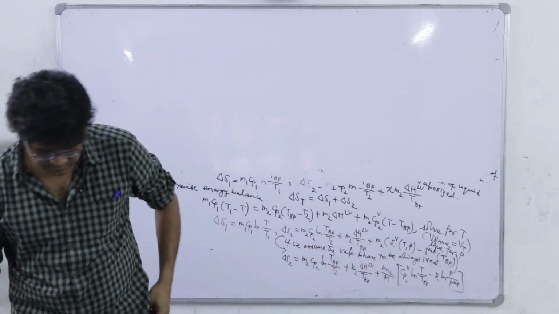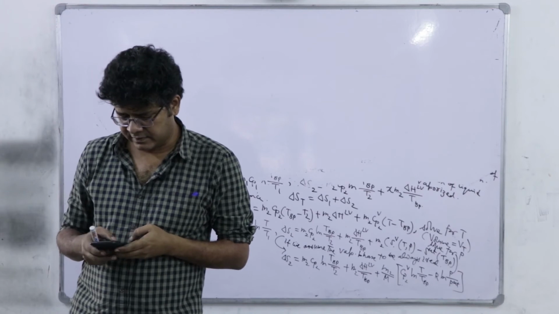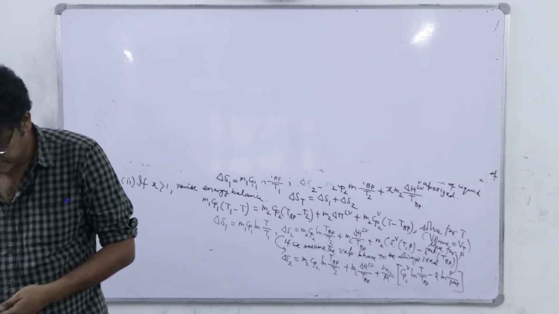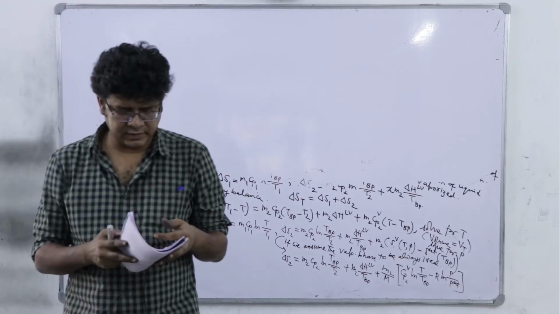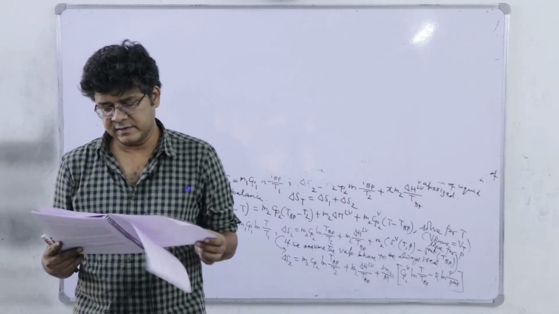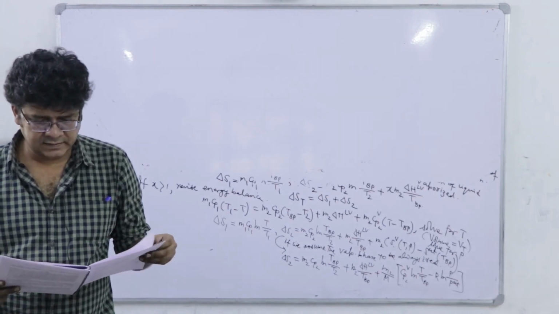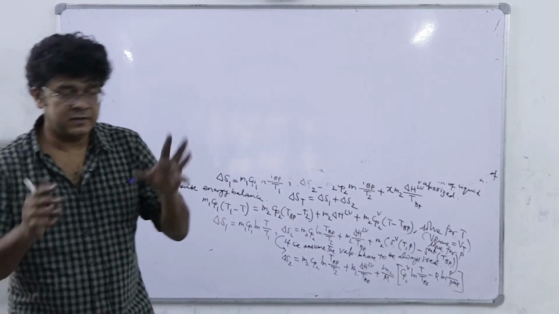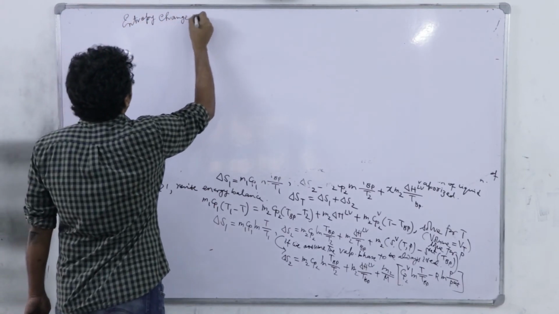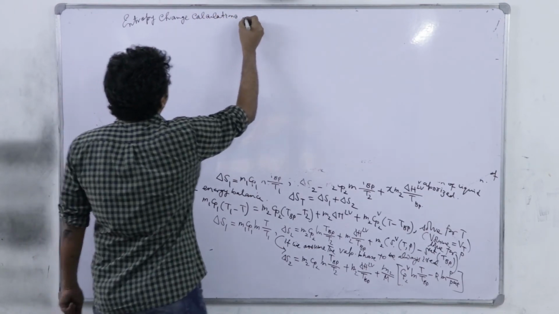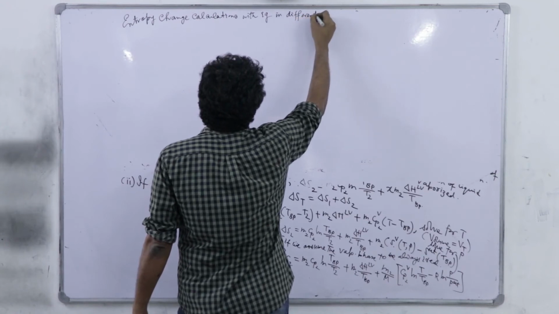For ideal gas it may be different processes, like expansion of ideal gas against vacuum, or zero pressure, then mixing of two similar ideal gases, then the entropy change for mixing of ideal gases of two different species. So, entropy change calculations with ideal gas in different processes.